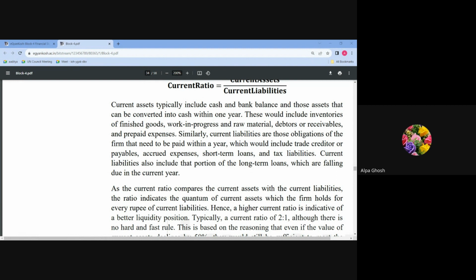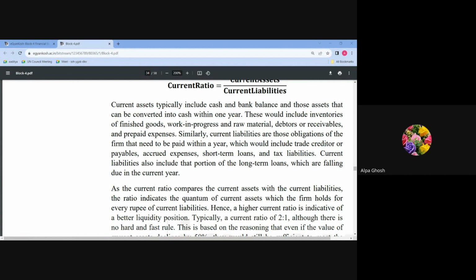There is a format available for the contents of current assets and current liabilities. You cannot say, oh, my debtors will be for 2 years, so it is not current. No, debtors are always deemed to be current assets because we suppose that the debtors are going to pay you back within a period of 1 year. Hardly you are going to allow them a credit period for 2 months, 3 months, not more than that.